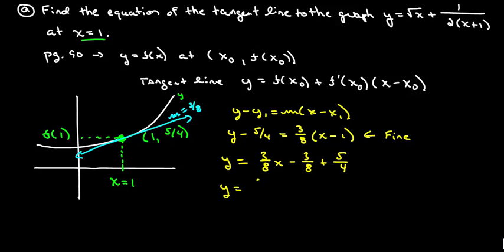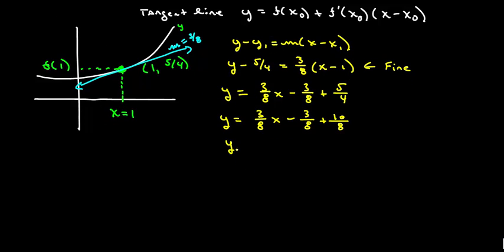So y is equal to 3/8 x minus 3/8 plus 10/8. And so I'll get y is equal to 3/8 x plus, let's see here, the difference here is 7. So I'll get 7/8, just like that.